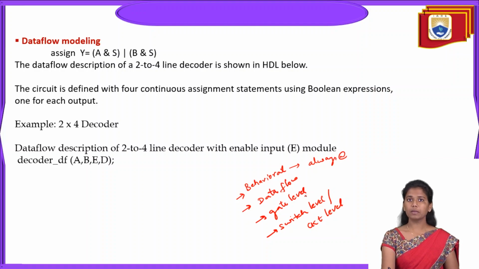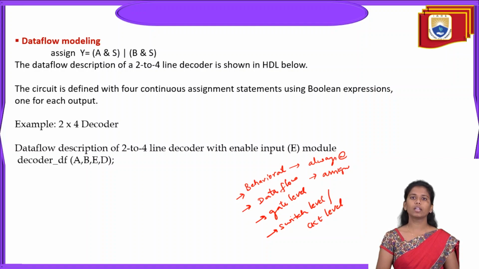And when it comes to data flow, gate level and switch level modeling, we use a keyword called assign. Assign is a keyword. So there are some basic keywords which are meant with respect to all these 4 modeling styles.